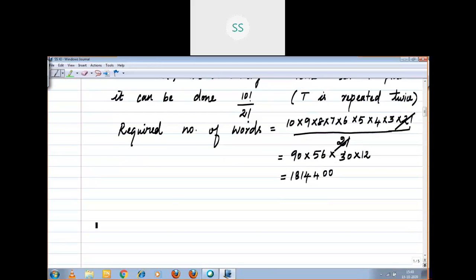The next subdivision is what? Vowels are together. How many vowels are there in the word PERMUTATION? E, U, A, I, O. 5 letters are there, right? All 5 vowels are there in PERMUTATION.